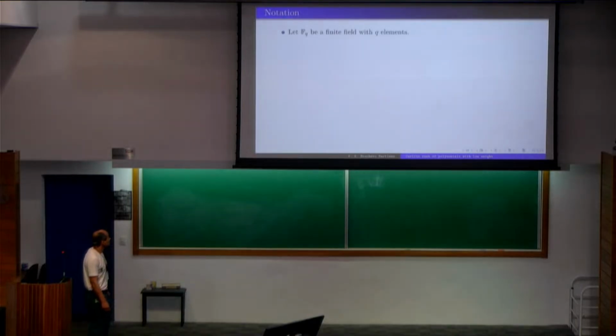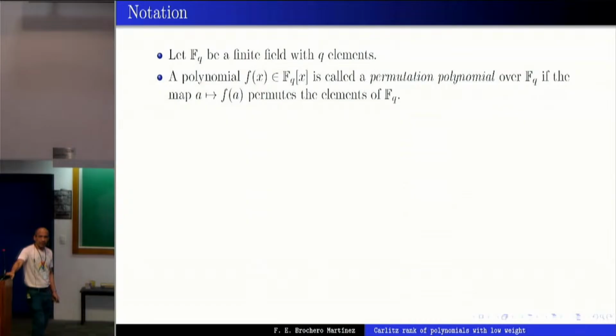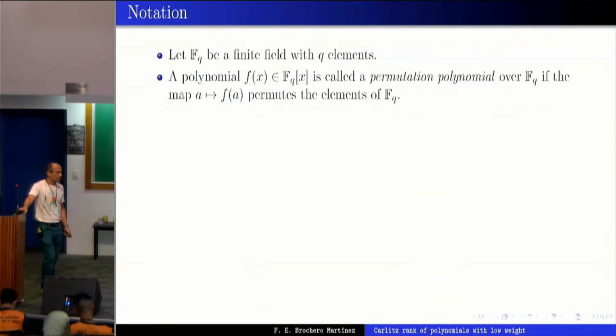Some notation: F_q is a finite field with q elements. We consider a polynomial, and we say that it is a permutation polynomial over F_q if the map defined by f over F_q is a permutation.